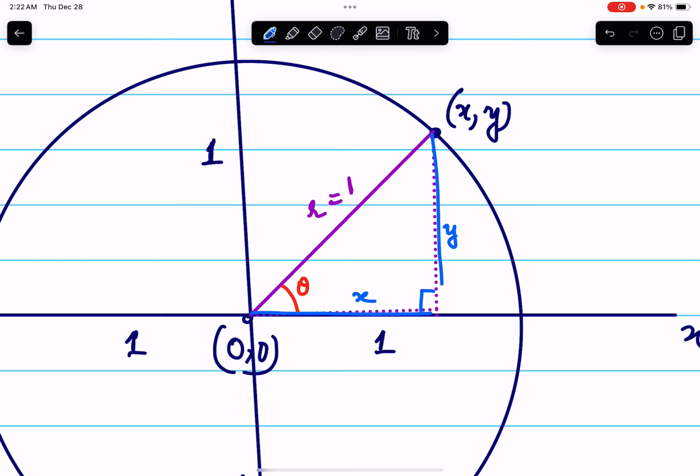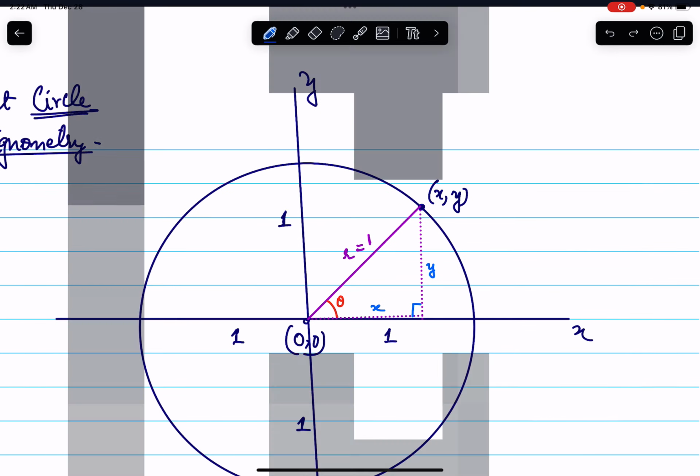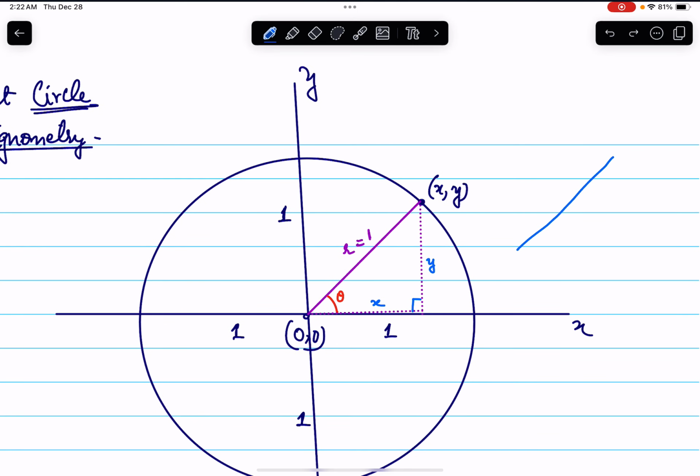So if I draw this right angle triangle, you're going to have a hypotenuse of length 1, which is the radius of the unit circle. This is going to be y, this is going to be x, and this is going to be theta.